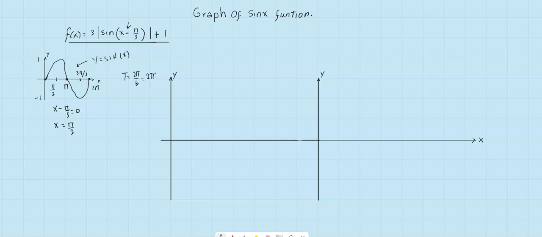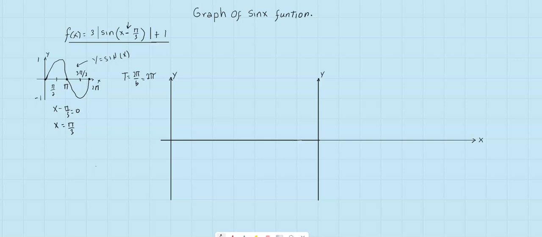I'm going to have a 0 at pi half, a 0 at pi and a 0 at 2 pi. But right here in the center, pi half, that will give you the maximum, and the minimum will be at 3 pi half.